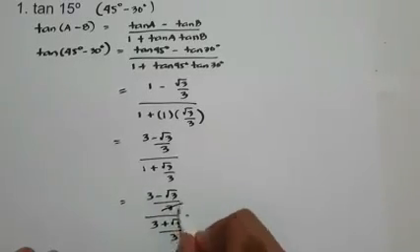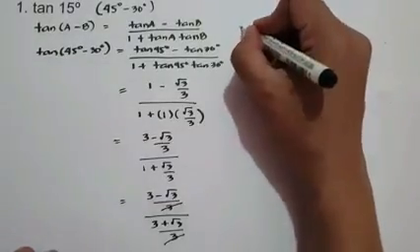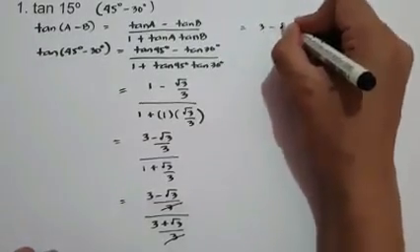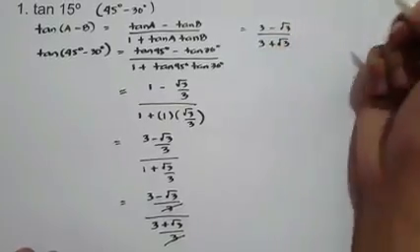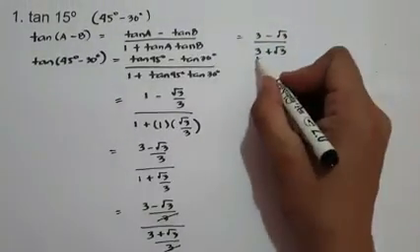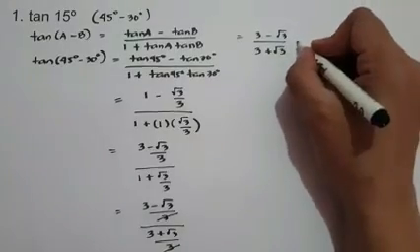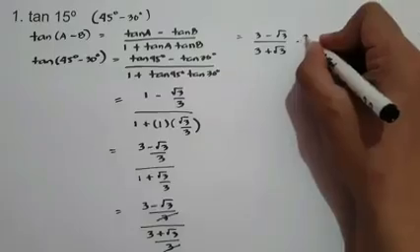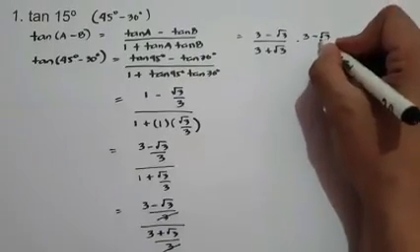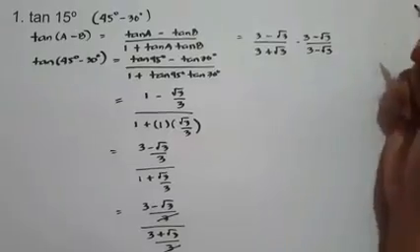So let us cancel this one. And let's have here 3 minus square root of 3 over 3 plus square root of 3. Whenever you have this kind of expression, let us use the conjugate in order for us to eliminate the radical sign on the denominator. So let's have 3 minus square root of 3 over 3 minus square root of 3.